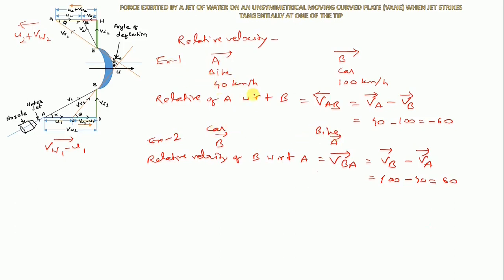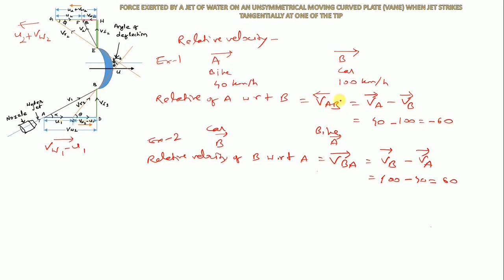In the first example, the velocity of A is observed by B, that the velocity of A is 60 km per hour in backward direction.